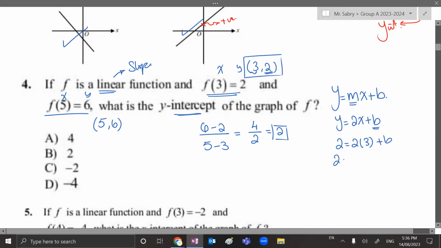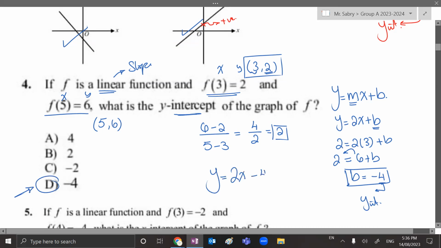And now I can solve to find b. I can move the 6 to the other side and get b equals negative 4. This is the y-intercept. This is what they were looking for, negative 4. That's the answer. If I wanted to write the equation, it would be y equals 2x, which is the slope, minus 4. This is the whole equation.